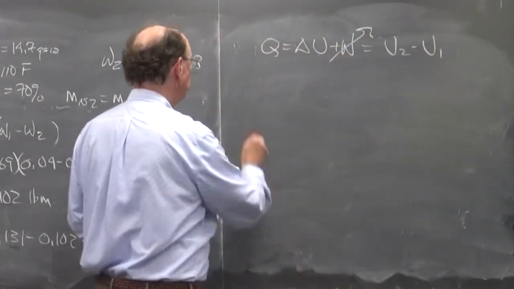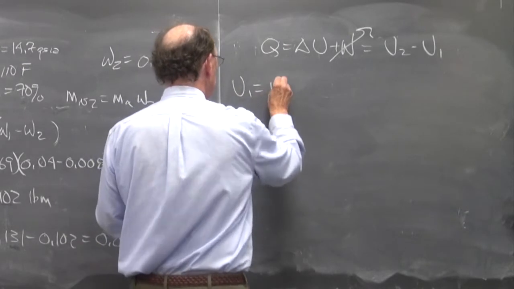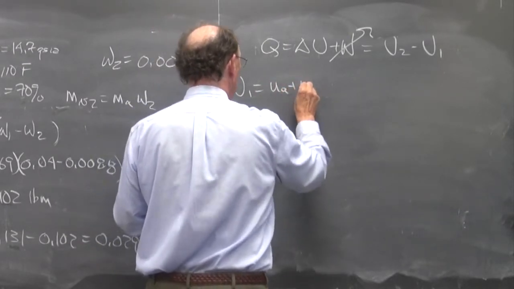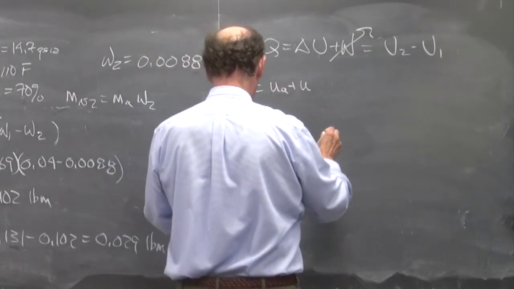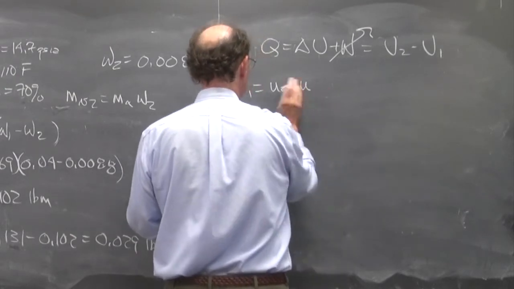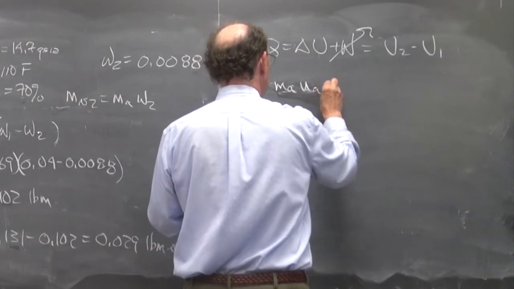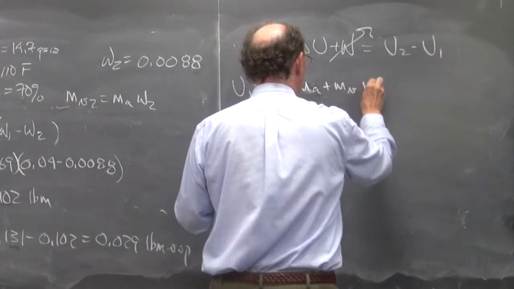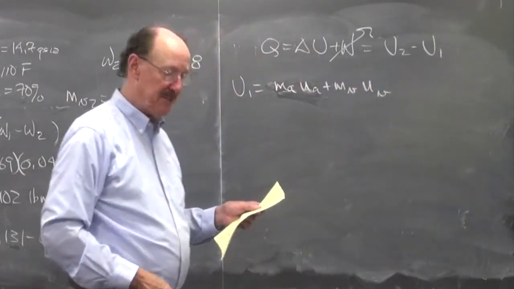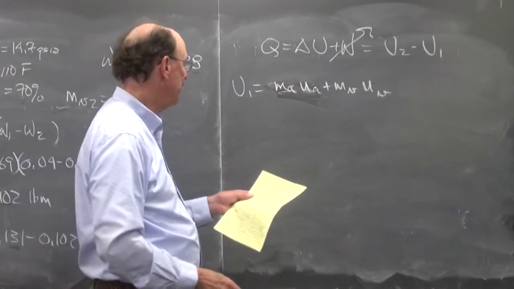U1 is equal to U of the air plus U of the vapor, MA UA plus MV UV. I have to put the masses in, I can't do it on a unit mass basis.